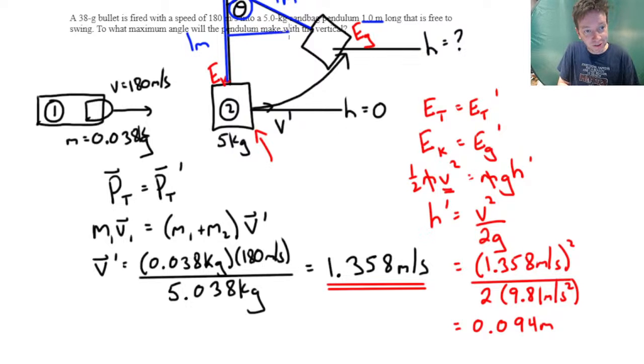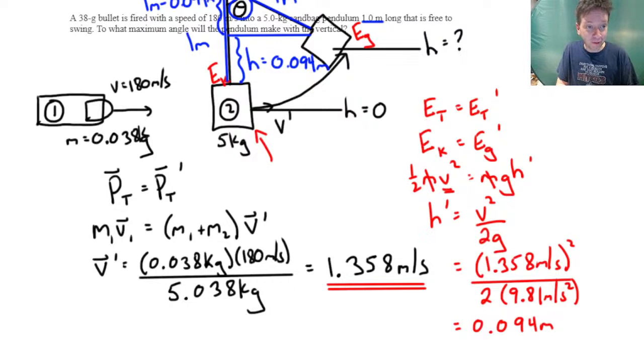If I draw a horizontal here, we just figured out what this is. That's h, 0.094 meters. Since we know that, we can figure out this portion. It'll be 1 meter minus that 0.094 meters.